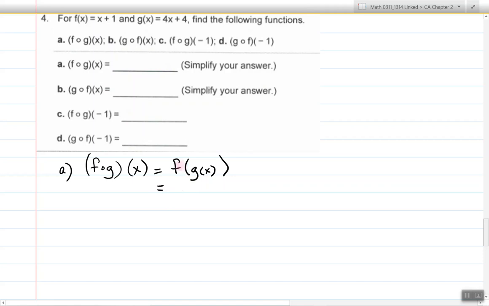Now what does the f function look like? It looks like x plus 1. But in the place of x, you're going to put g of x. Well, what is g of x? It is 4x plus 4 plus 1. So it is 4x plus 5.